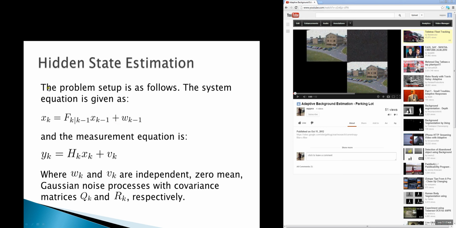Then the measurement equation is the relation of these hidden states to the measured variables that we have access to. The measurement matrix H is a linear relation between hidden states and the observed variables. V_k is the uncertainty, or noise, in this equation. We assume that W_k and V_k are independent, zero mean Gaussian noise processes with covariance matrices Q_k and R_k respectively. These are the main assumptions, especially when we use the Kalman filter.